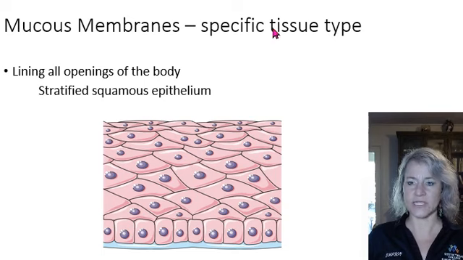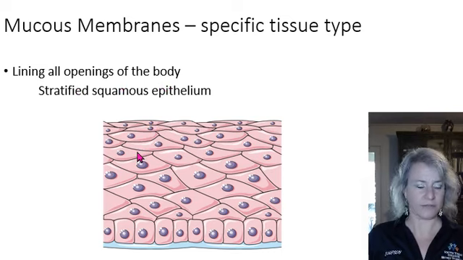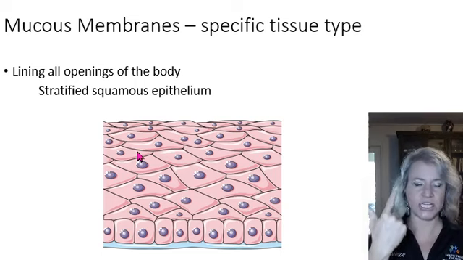Now, the specific tissue type that makes up the mucous membrane differs depending on its location. If it is lining all the openings of the body, if it's lining your nasal cavity, if it's lining the oral cavity, so you're covering your tongue, lining your cheek.